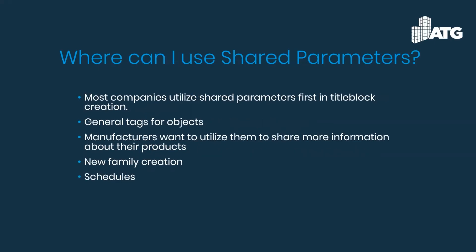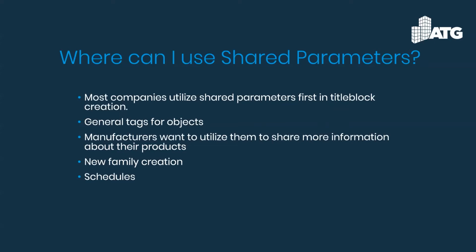So where can I use the shared parameters? Well, the first one is probably where most companies utilize shared parameters the most, and that is in the title block creation. A lot of companies see the need for adding parameters or labels when they're in the title block creation.